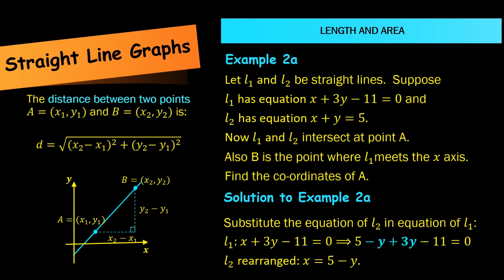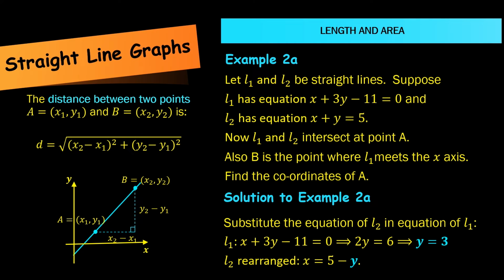So adding up the y's, minus y plus 3y gives 2y. And adding up the constants, 5 minus 11 gives minus 6. So we have that 2y is equal to 6. Dividing through by 2 gives that y is equal to 3.